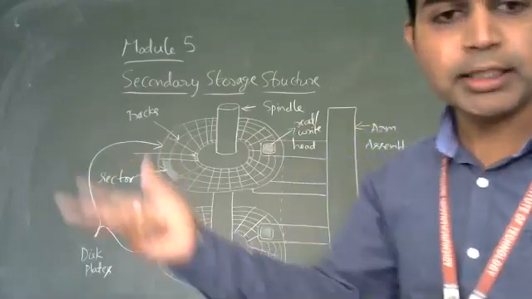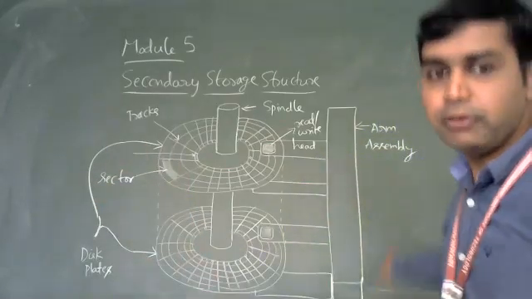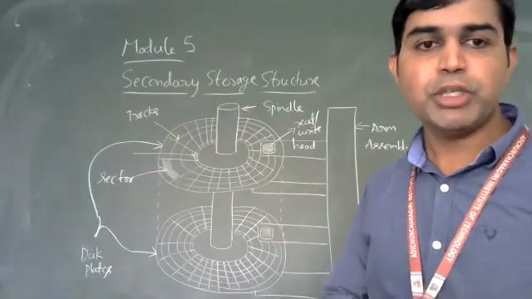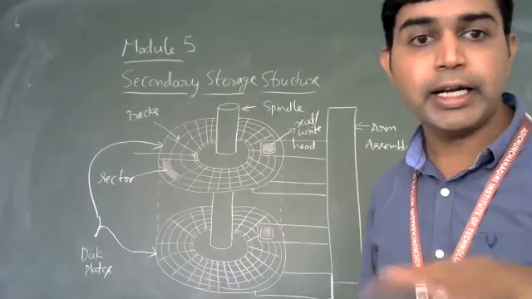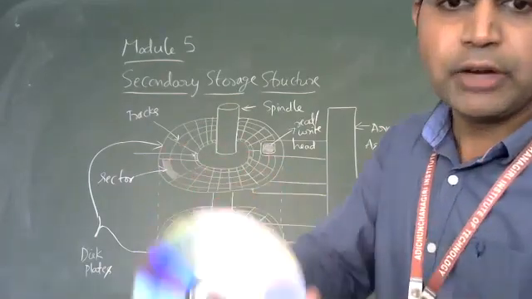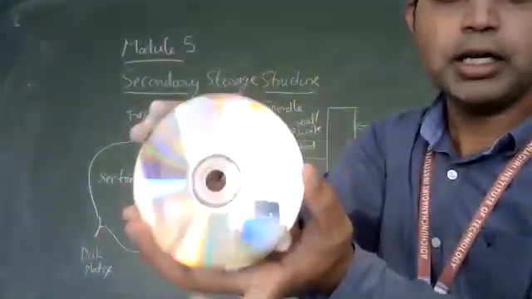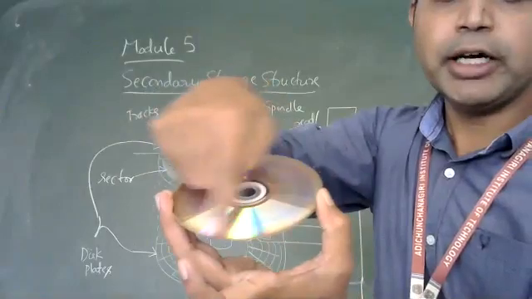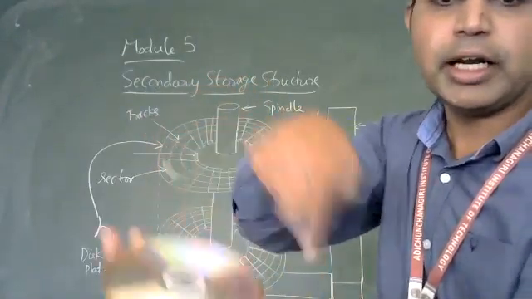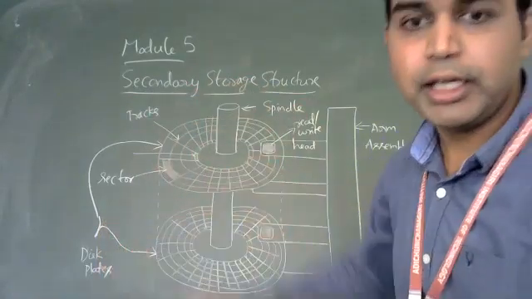Now, what are its other components? There will be an arm assembly present in your hard disk, which will hold your read-write head. You can see the circular symbols; your read-write head will be moving on these circles.